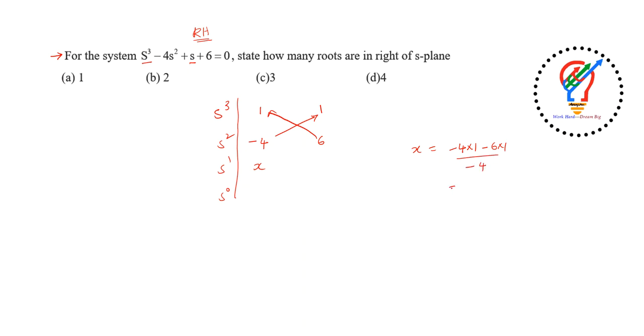If you solve this, minus 10 by minus 4 is simply 2.5. Here you need to focus on the sign, not the value. It should be plus 2.5, so the x value will be plus here. Minus 4 means minus, and here plus means plus.